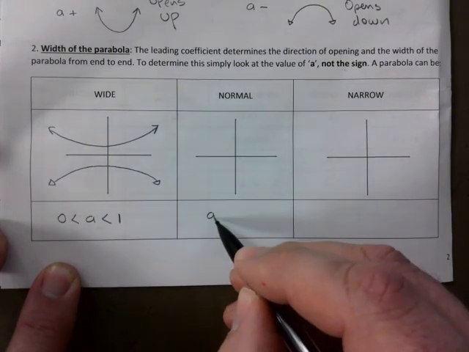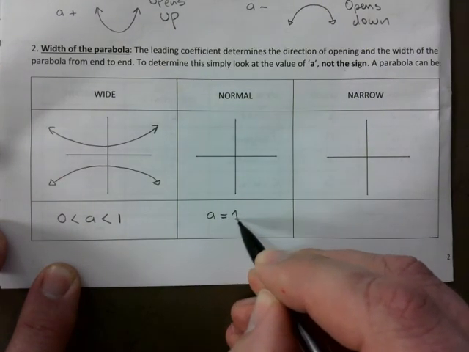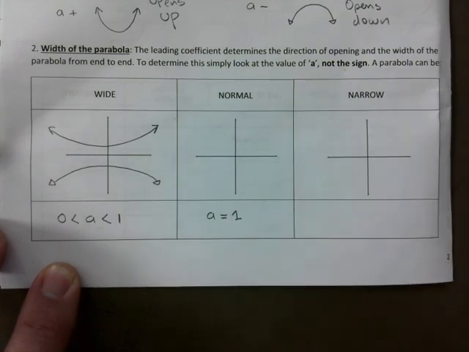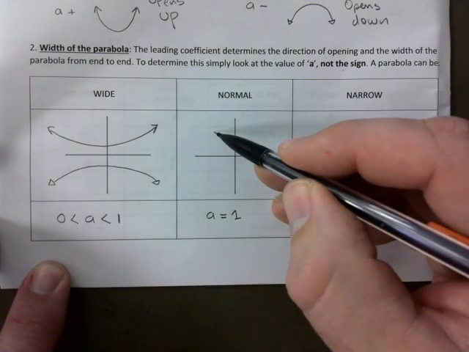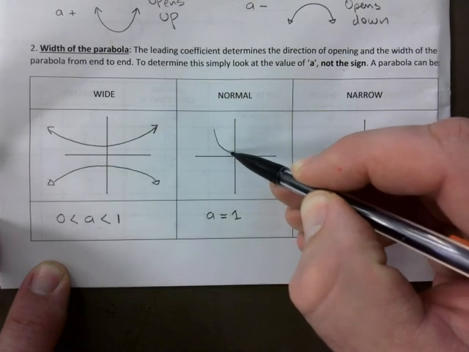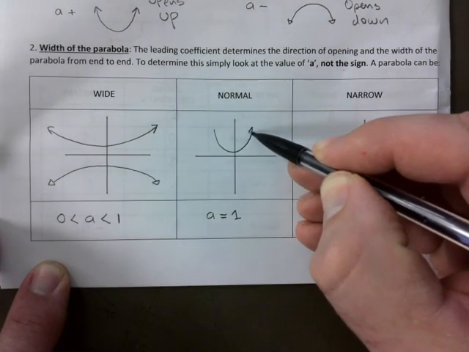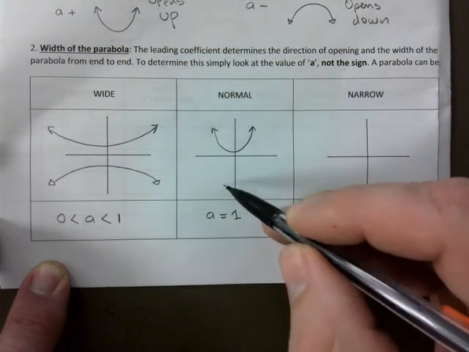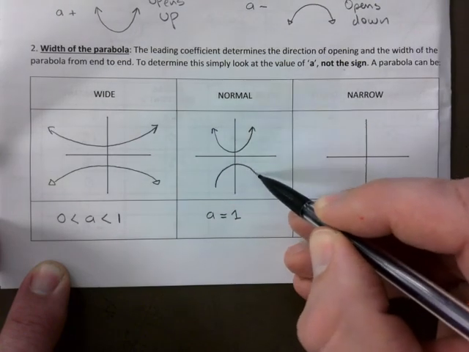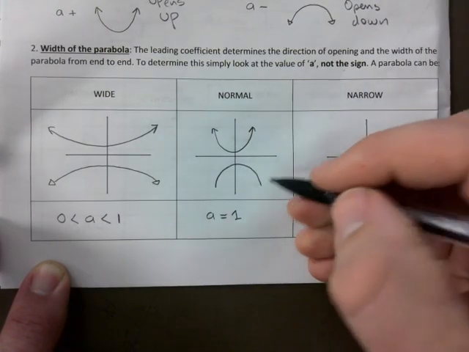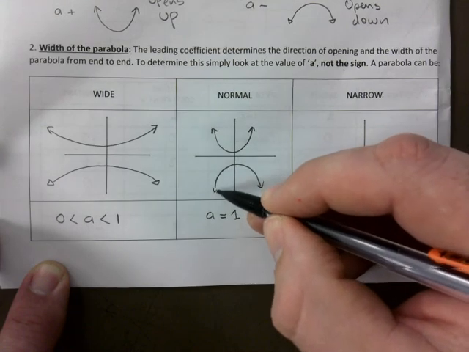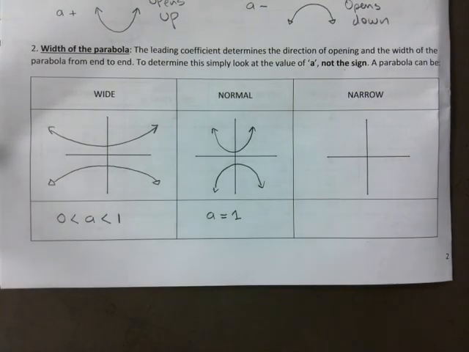If A is equal to 1, it's going to be a normal parabola. So just make it look like this as best as you can. That's what we consider a normal parabola. And then we'll make the last one very narrow.